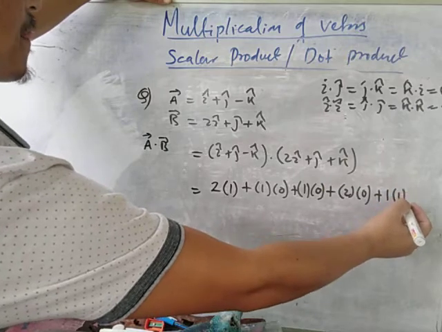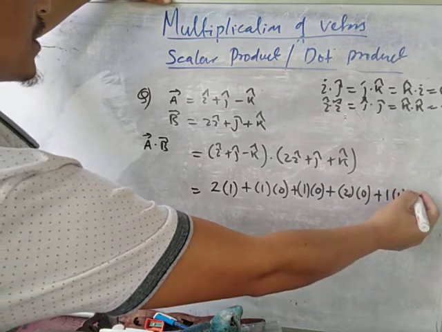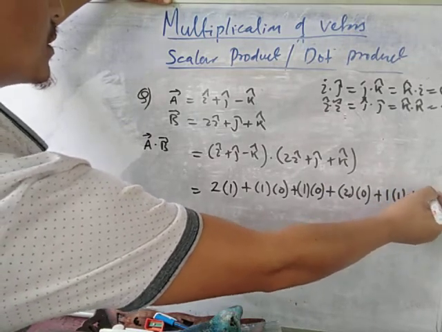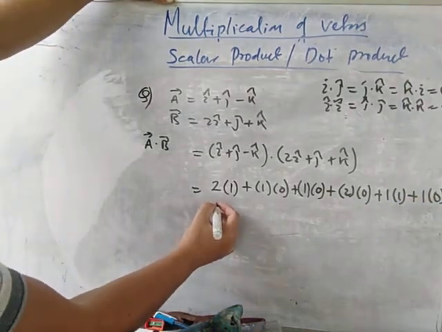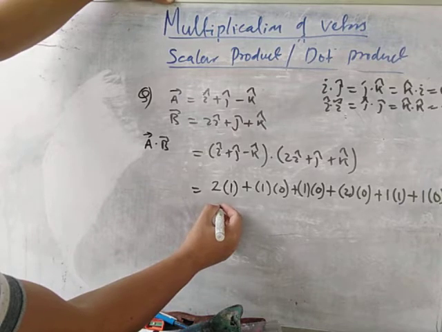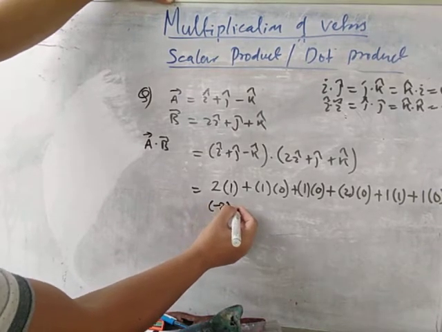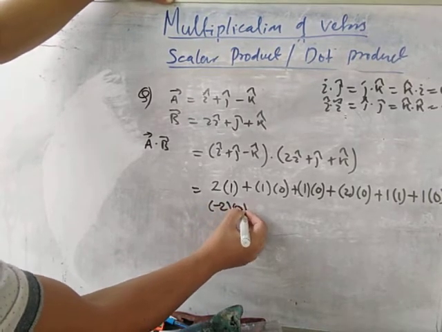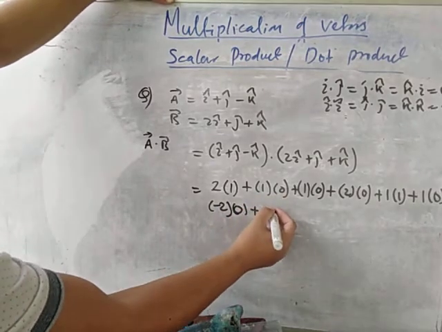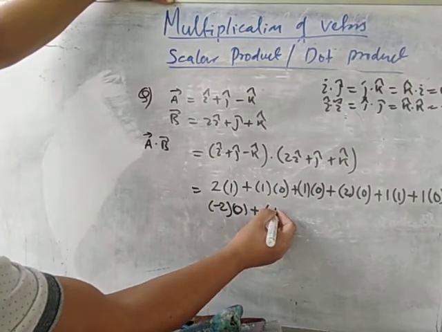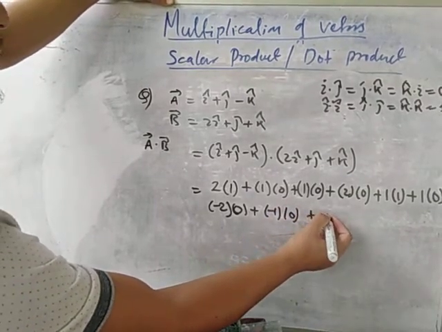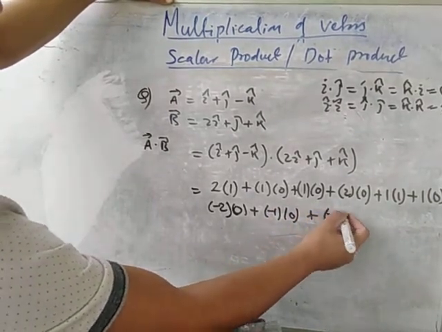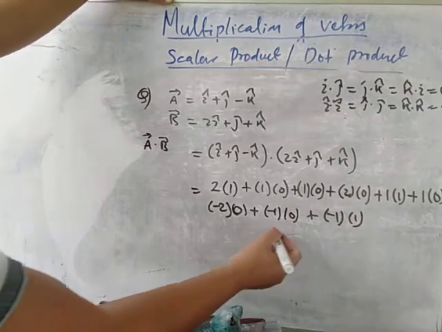Next plus 1 into 0, then k: minus 2 into 0, plus minus 1 into 0, plus minus 1 into 1, k into k is 1, isn't it?